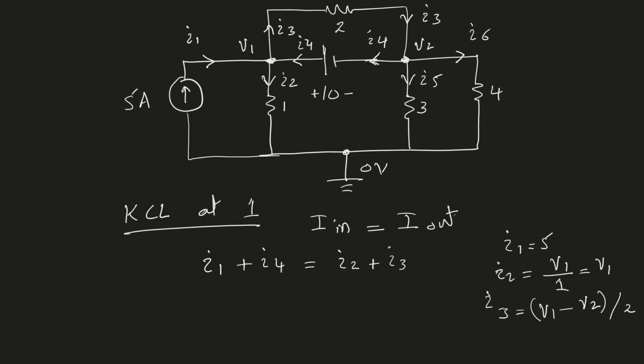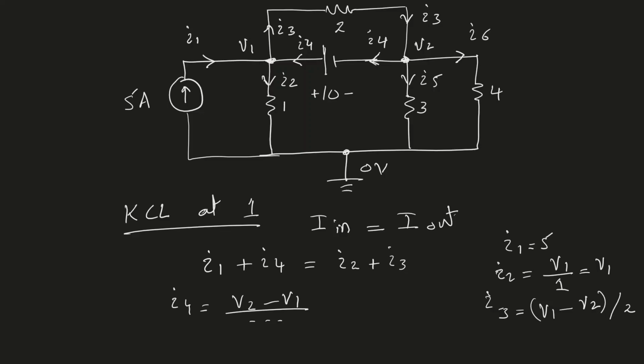Now the problem is with I4. We cannot write an equation in terms of node voltages for I4. For example, if I try to say that I4 must be equal to, because it's flowing from node 2 to node 1, V2 minus V1 divided by what? We cannot tell. So we cannot represent I4 in terms of the node voltages. Also, the current I4 is produced by the constant voltage supply.